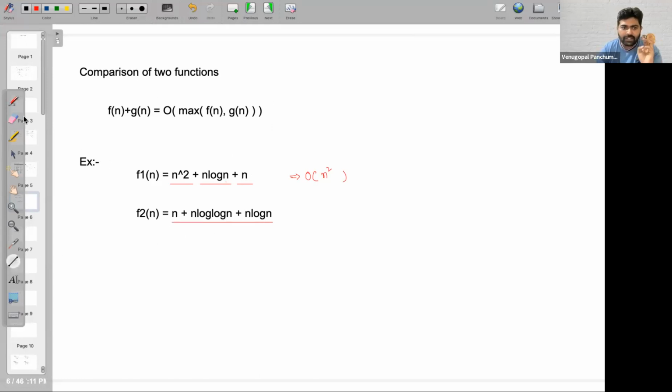This function is a combination of three things: n plus n log n plus n log n plus n log n. Which is bigger? Please don't make the mistake. n into log n, n log n. Which is bigger? Assume n is very large. I think you people are not thinking; everyone is typing n only.